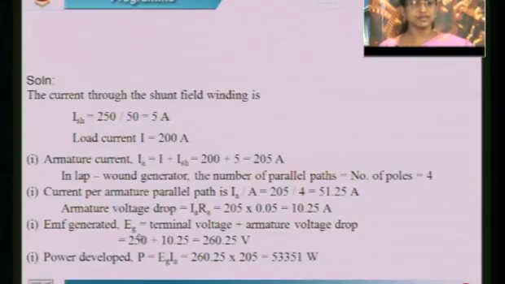In part 3 you calculated Eg, 260.25, and Ia, the armature current, is 205 amps. Substituting those values, you get 53,351 watt or 53.351 kilowatt. You can express this power in watts or kilowatts, or for higher capacity in megawatts also.